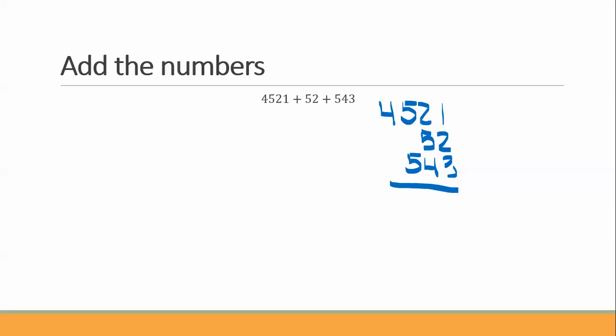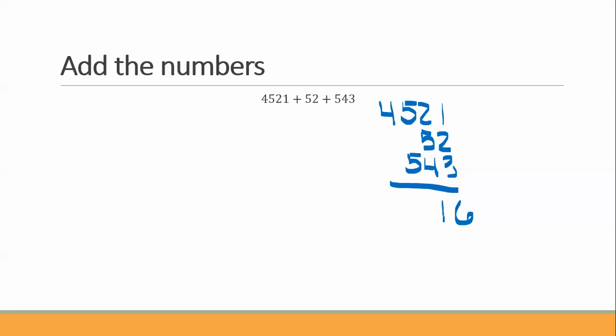That's part of the reason why we started by defining all this. So when we add 4,521 plus 52 plus 543, we're going to add our ones digits first. So 1 plus 2 plus 3 is 6. 2 plus 5 plus 4 is 11.